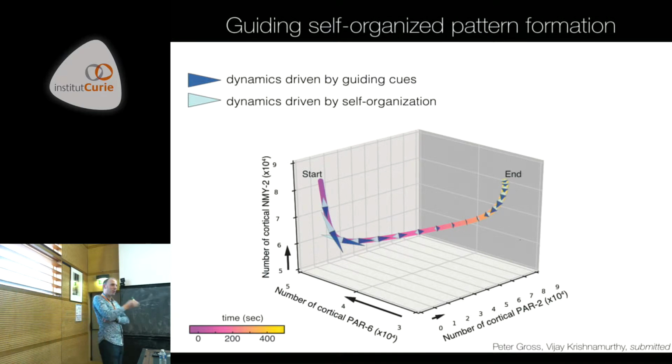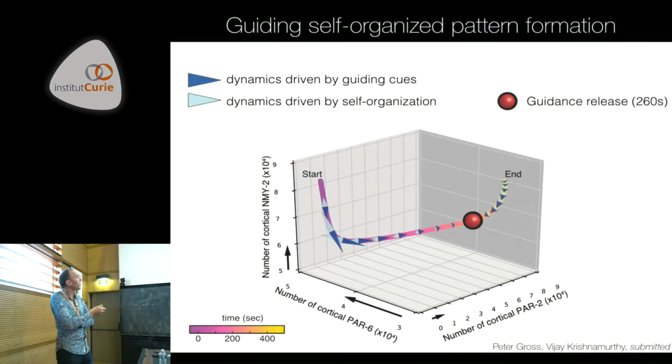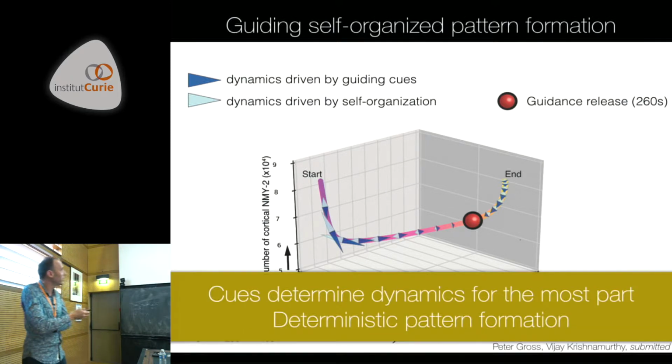So the system is really under control of guidance for most of the trajectory. We call this guidance release: only after about 260 seconds the system switches and self-organization takes over to drive evolution of the system for the last bit. So that's one point that's worth noting.